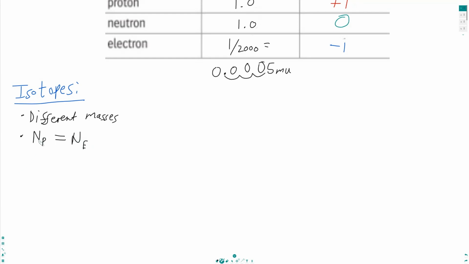So number of protons is always equal to the number of electrons, but the number of neutrons is different. Different numbers of neutrons in the nucleus.